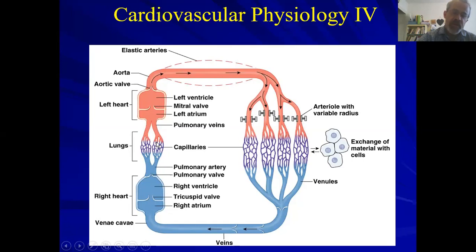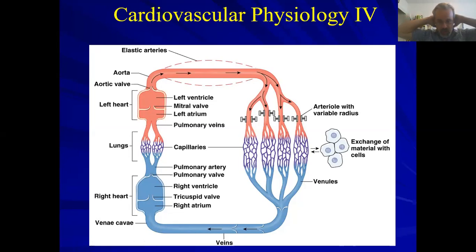So the pulmonary veins bring oxygen-rich blood to the left atrium. When the pressure gets high enough in the atrium, it forces the mitral or bicuspid valve open, forcing blood into the left ventricle. When the pressure gets high enough in the ventricle, the bicuspid valve closes, and eventually the aortic semilunar valve opens, forcing blood into the aorta. And of course, the aorta delivers blood to all the different organs in the body.